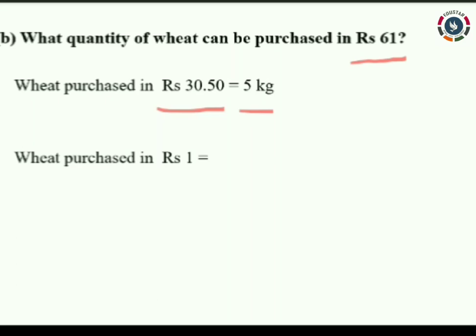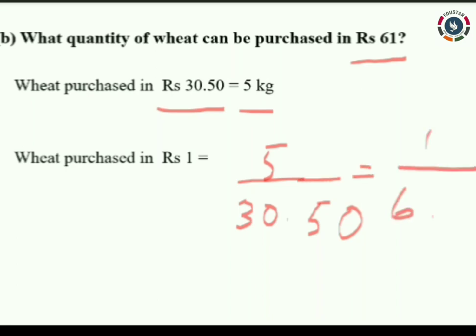So first you have to find the unit value, which is, for 1 rupee how much wheat we can purchase. Here the amount of wheat is the unknown value and rupees is the known value, right? So for 30 rupees 50 paise you can purchase 5 kg, right? On cancellation, 1 by 6.10. No need to do decimal division and all, you just keep it as such.